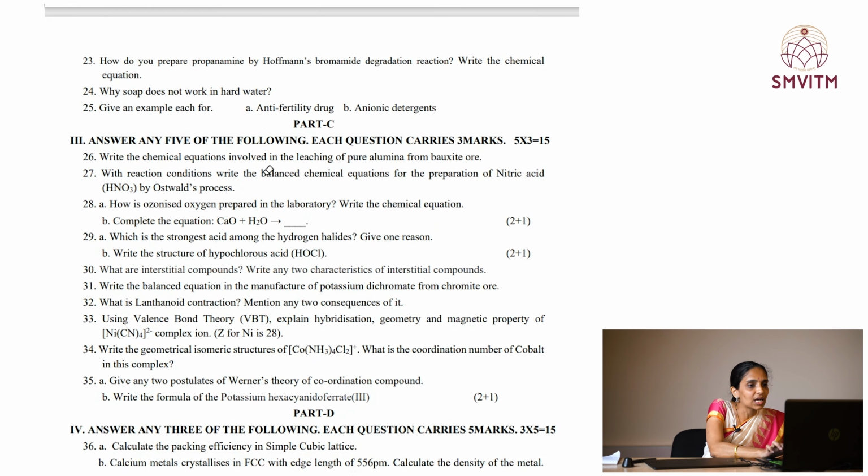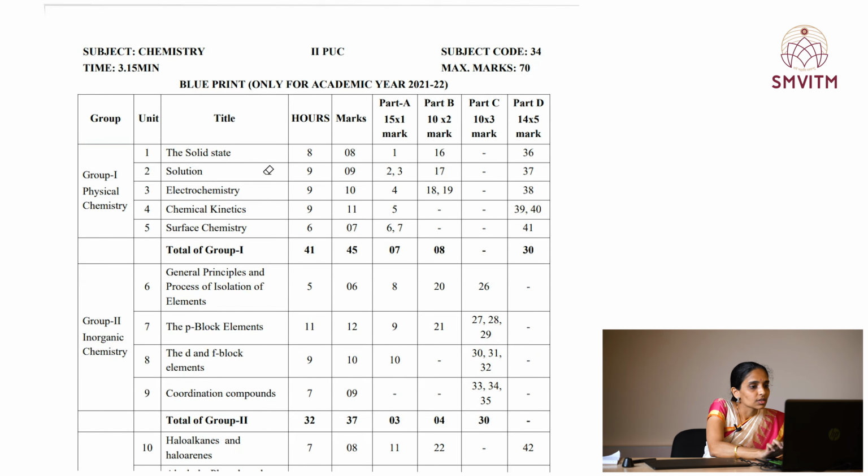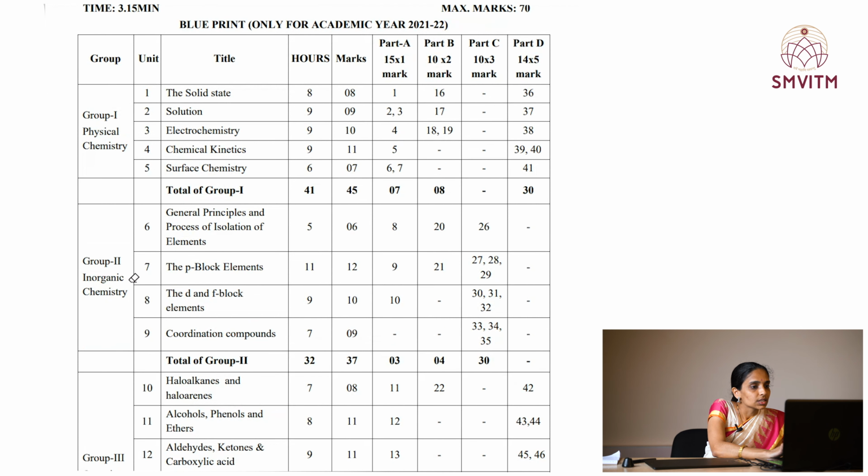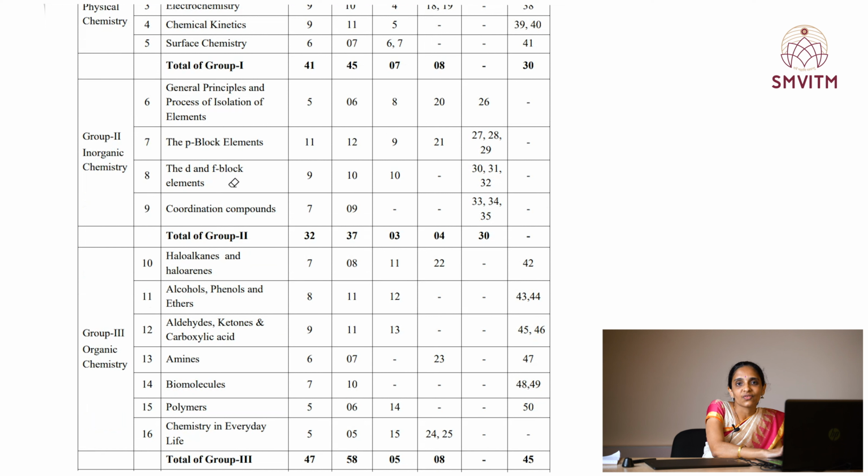The chapters are unit number 6 of your textbook, that is general principles, 7 P block elements, 8 D and F block elements, 9 coordination compounds. So, 3 mark questions will appear from only these units.